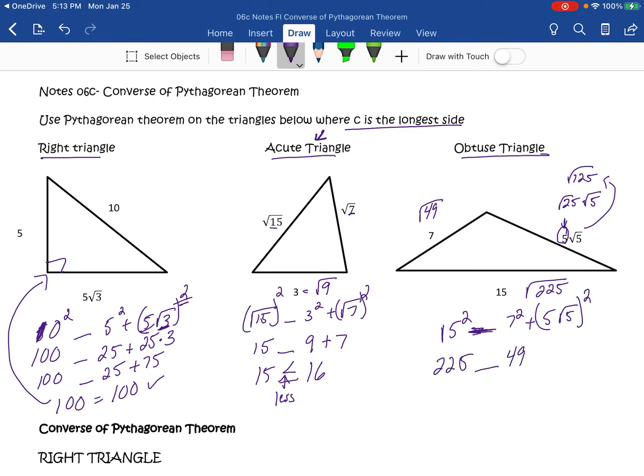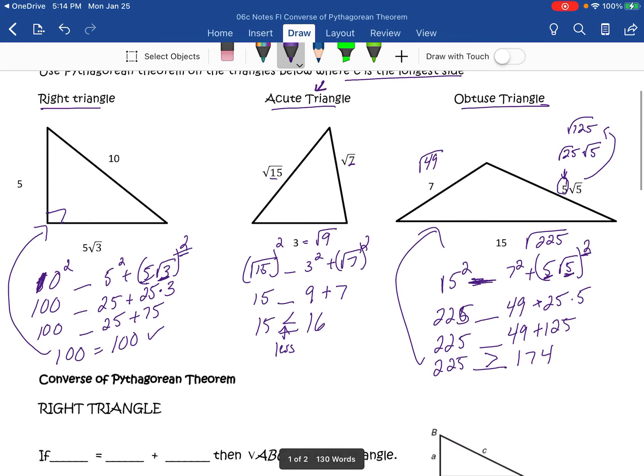We have 225, 7 squared is 49, and then be careful with these, square each part. 5 squared is 25, and radical 5 squared is 5, so 125. So we have 225 and 49 plus 125, which is 174. And 225 is greater than 174, and that happened to be for our obtuse triangle. That actually happens every single time.